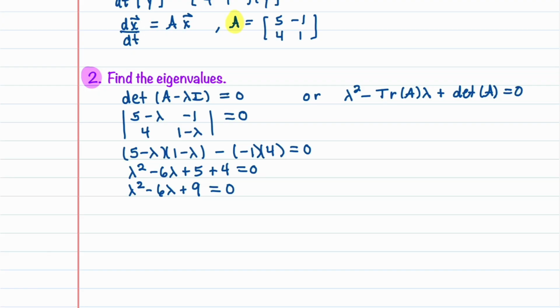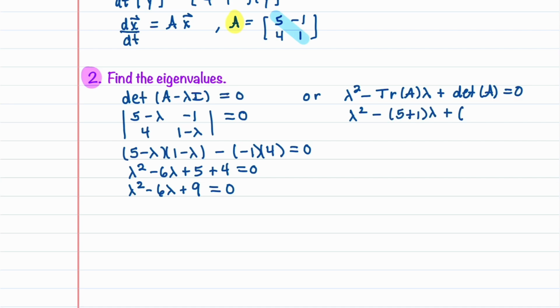Before we go to factor this, let's go over here to the right and do it the second way. This gives us lambda squared minus the trace of A. Here's what the trace is: you take the diagonal entries and add them. So this is 5 plus 1 times lambda.